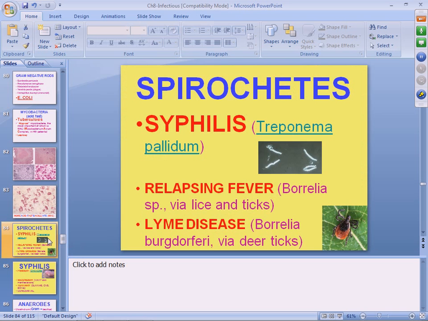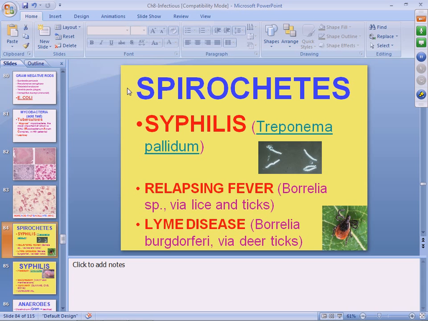Okay, spirochetes. We know that basically, in terms of human diseases, we're talking about two genera. We're talking about the treponemes, Treponema pallidum for syphilis and a couple of other rarer diseases, and the Borrelia spirochetes, and both of the common borrelial spirochetal diseases are spread by vectors.